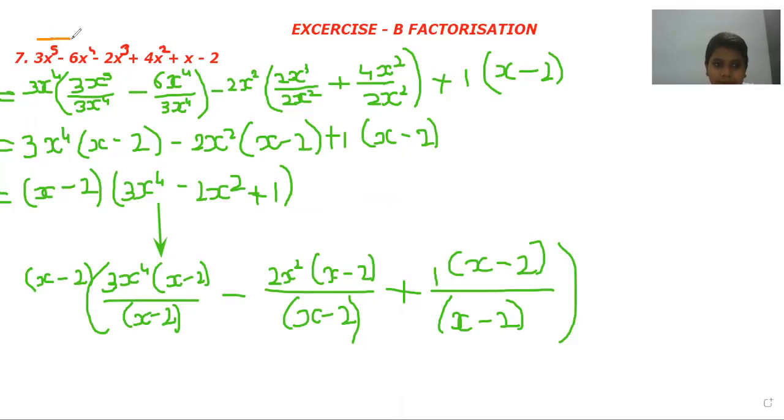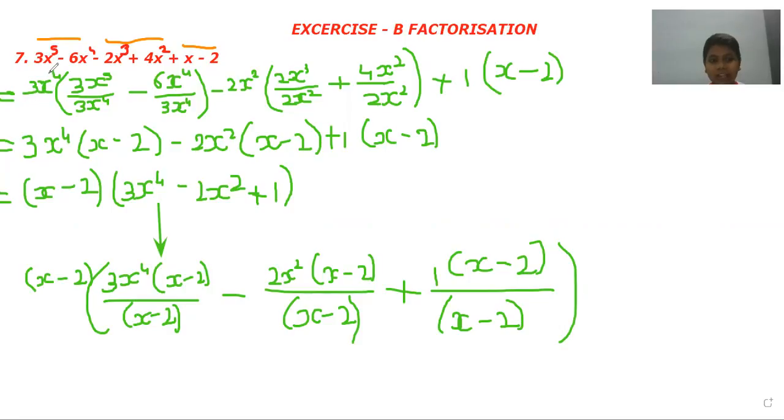So this is one term, this is one term, and this is one term. 3x to the power 5 minus 6x to the power 4 minus 2x cube plus 4x square plus x minus 2 is our question.